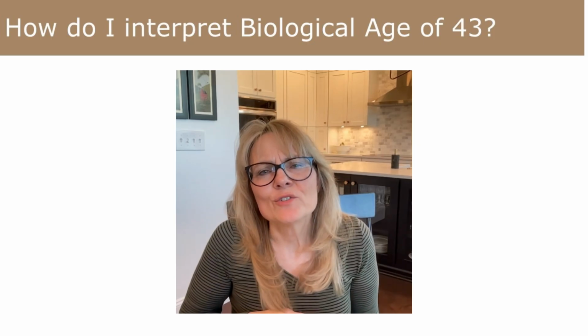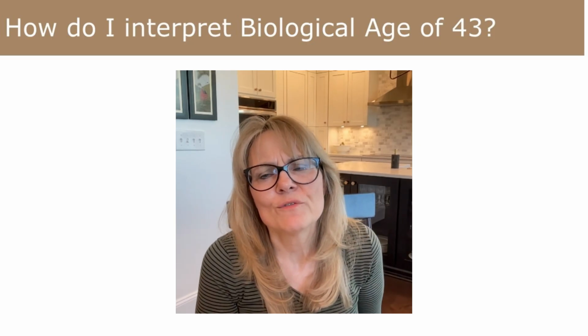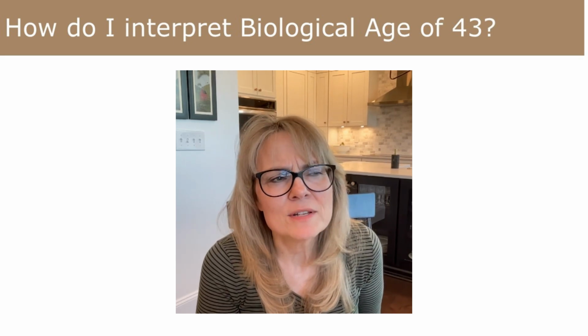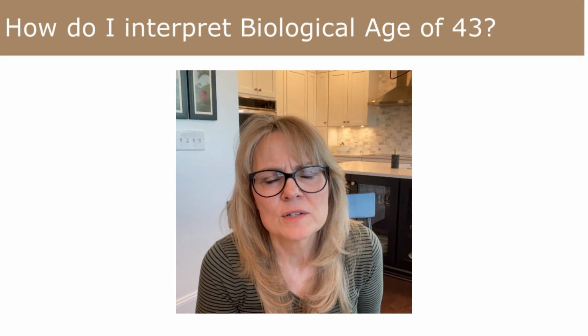So how do I interpret my biological age of 43? Actually, to be honest with you, I'm not sure. Every time I think about it, I have more and more questions.